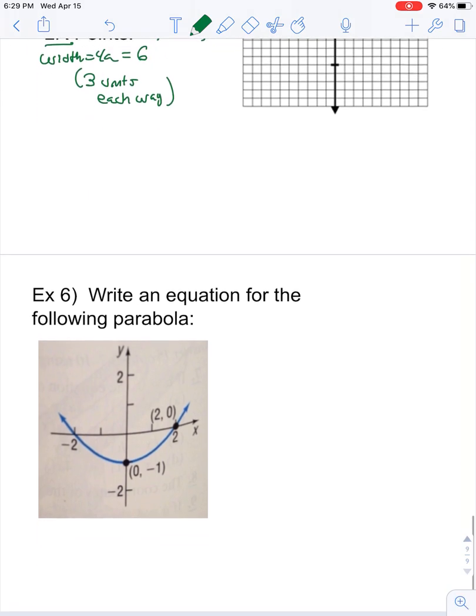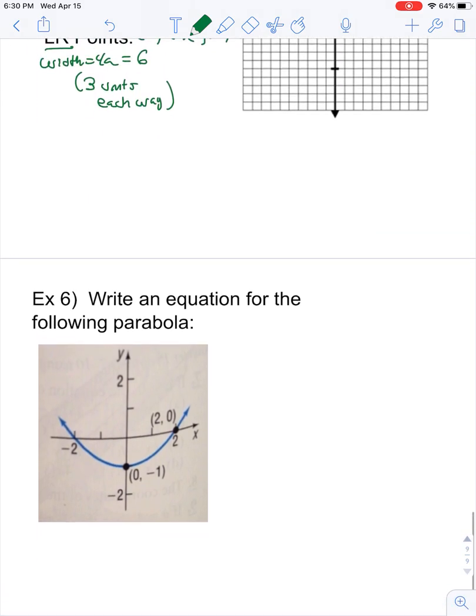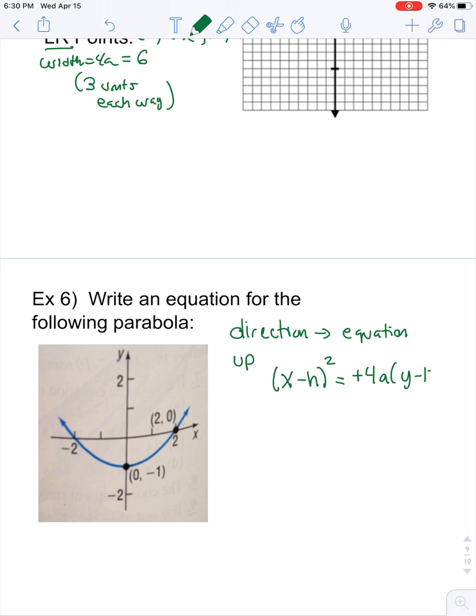Okay, last problem. Last thing I want you to be able to do is write an equation for the parabola given a graph. Okay, so some things to pay attention to. First of all, think about the direction. That's going to help you pick the correct equation, the correct format. So since this parabola opens up, we know it's going to be taking the form of (x - h) squared = 4a(y - k).